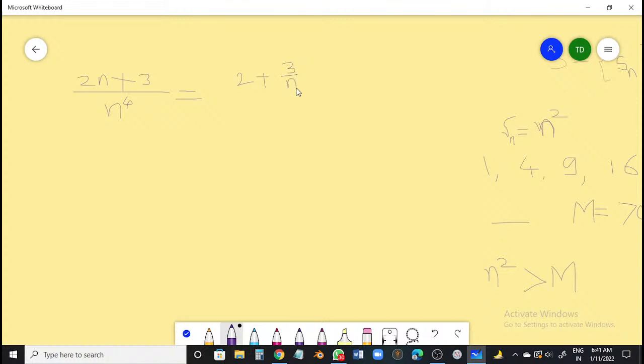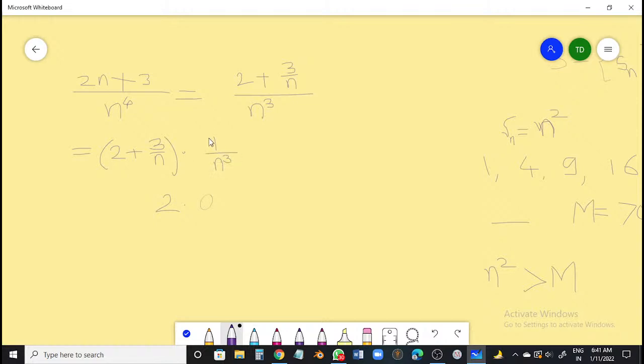You can observe there is n cube in the denominator, and 2 plus 3 by n in the numerator. What you are left with is 2 plus 3 by n, multiplied by 1 over n cube.